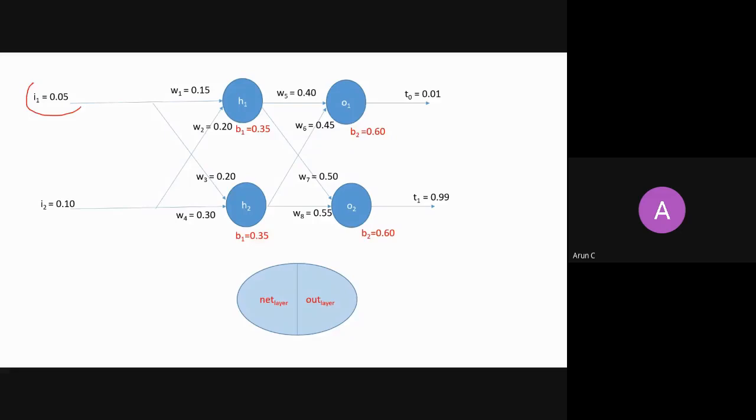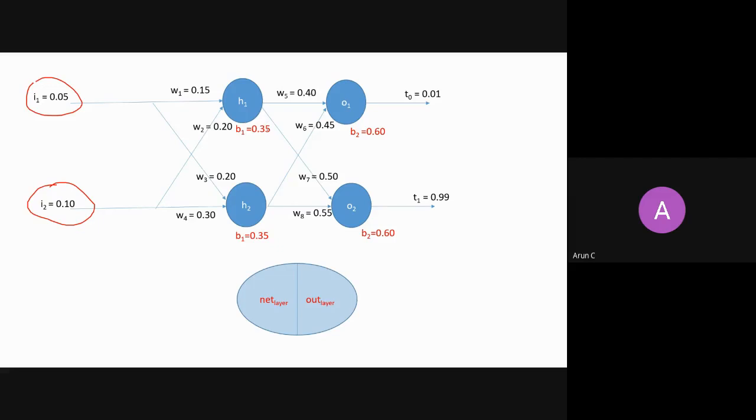Here my input is I1, I2 rather than X1, X2. It's just a change of notation. My weights are W1, W2, W3, W4. I just took this directly from the blog, so things are more intuitive. In this example, we are not going too much into the notation and just trying to see the crux of the computation.